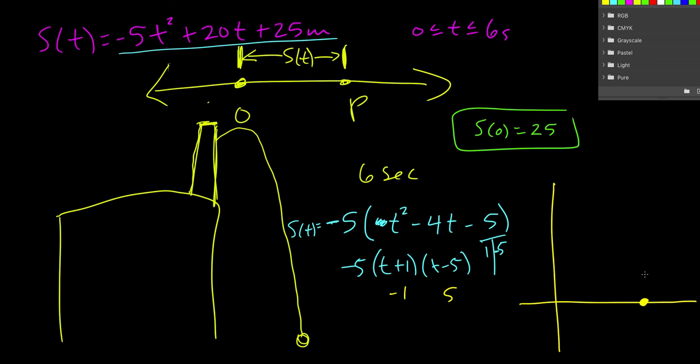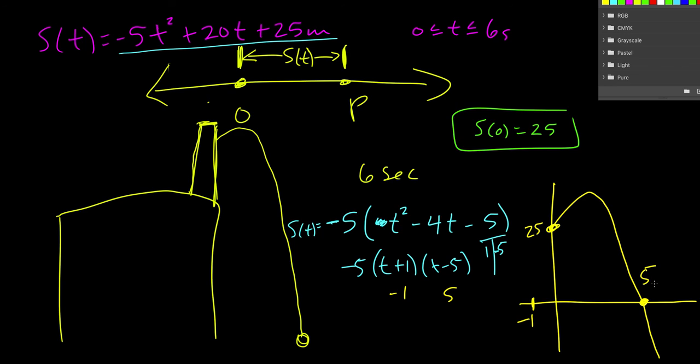We know we're going to cross at 5 and negative 1, but the stone, that's part of the parabola, but it's not the stone itself. I almost sneezed, okay. And then it's going to go like this. Okay, so this is 25, and we know that we cross at 5 right there.